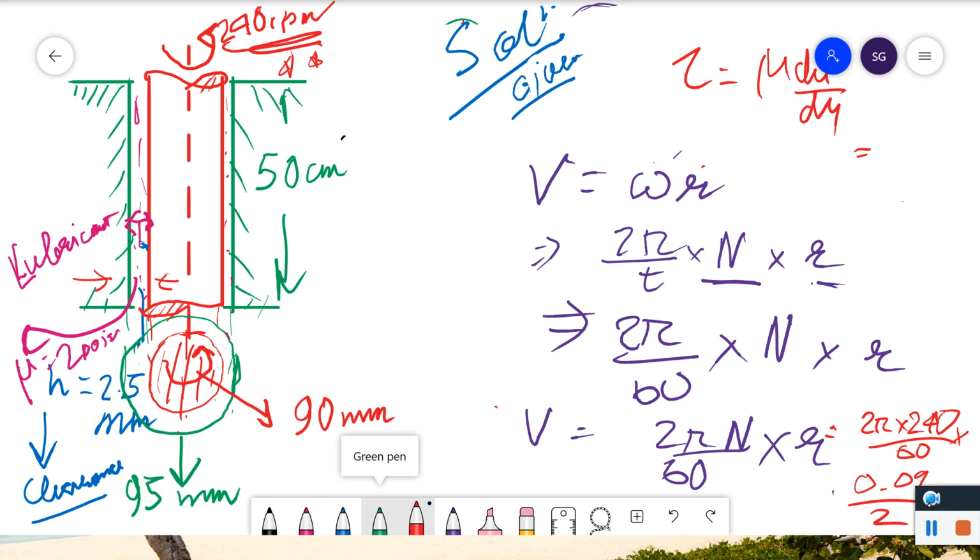Here we are rotating the cylinder, so we will consider this 90 mm, not this 95 mm. So this r will be 0.09 upon 2. Don't confuse it. It is 90 because here we are interested in the rotation of the cylinder only. So 90 mm will come into play. After calculations, the answer would be 1.131 meter per second.